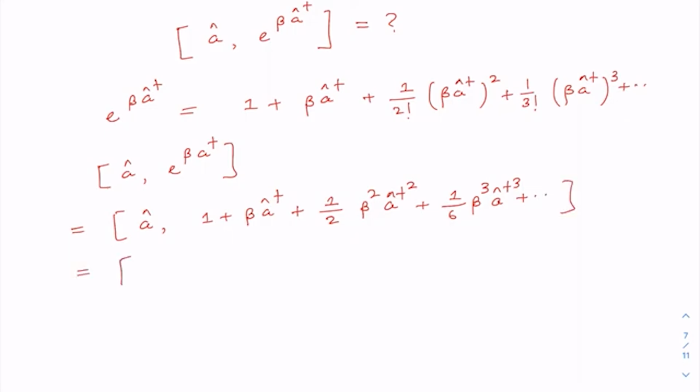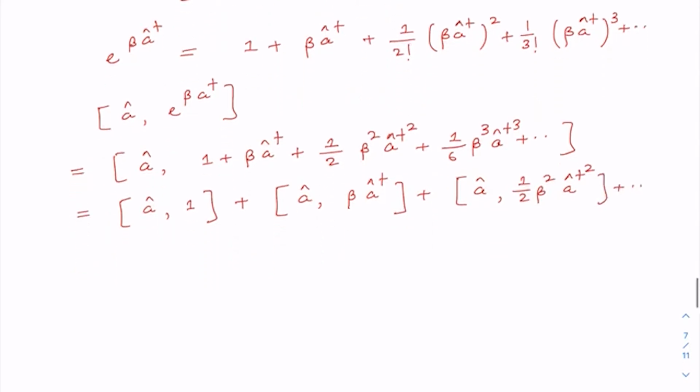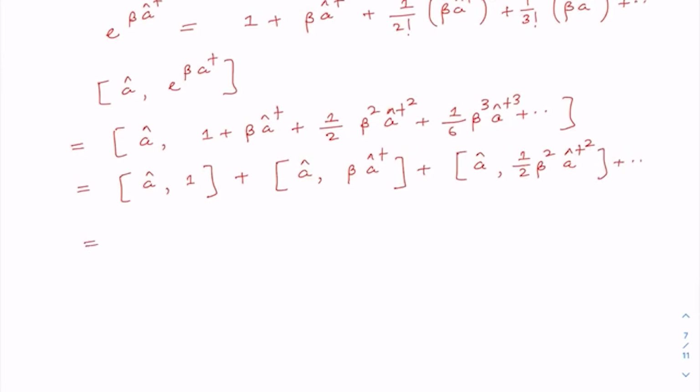So which I can write as [a, 1] plus [a, βa†] plus a half β² [a, a†²], and so on. First of all, this is a number, so this commutation relation will give me 0, plus this one will have β into [a, a†], so it would be simply β.